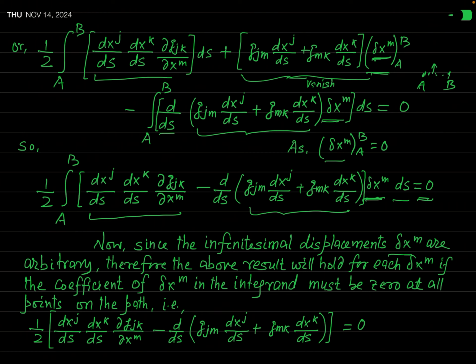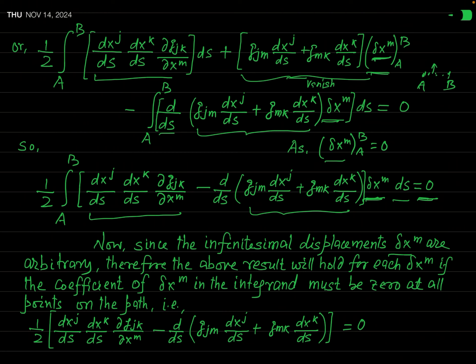Have you understood? Since delta x_m is arbitrary, it can have any value. So the cause of this 0 is not delta x_m. For all values of delta x_m, the result will be 0 only when the coefficient of delta x_m in the integrand of this integral is equal to 0.